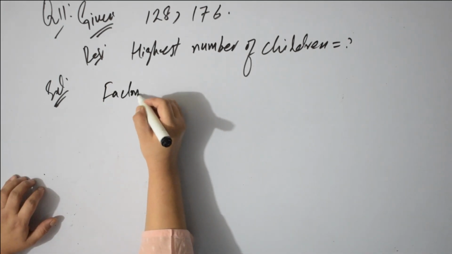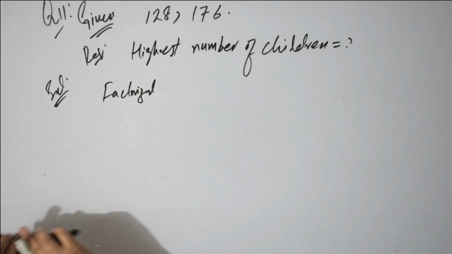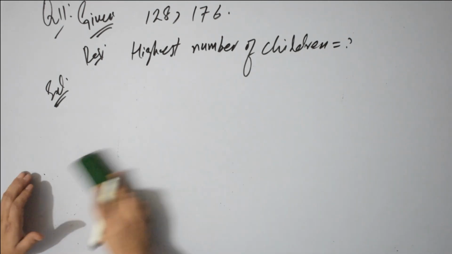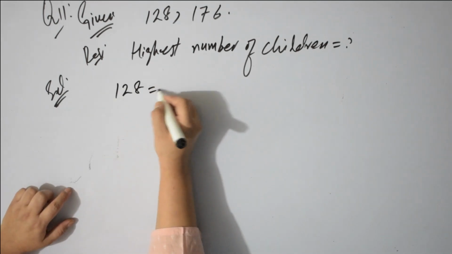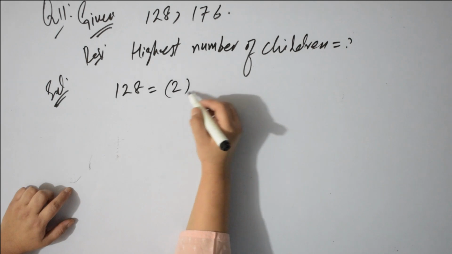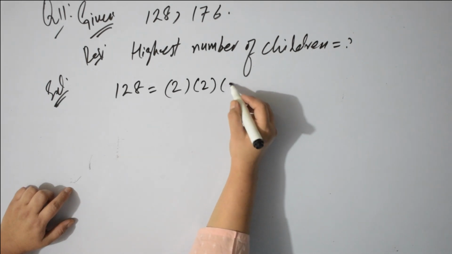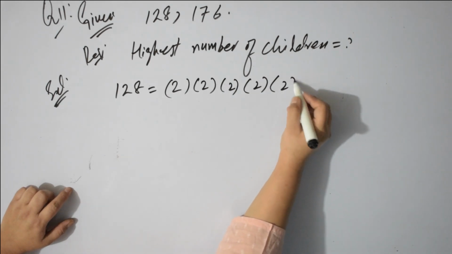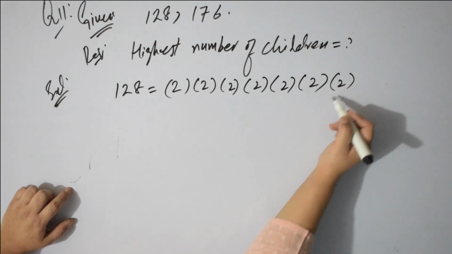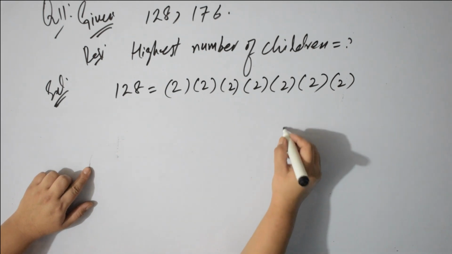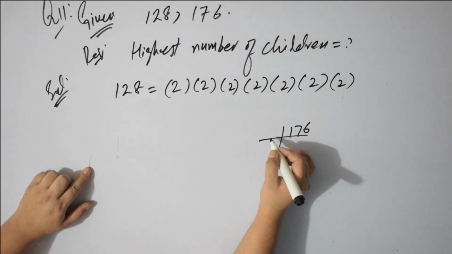Writing the prime factors, simply 128 is equal to 2 seven times, and again the prime factors of 176.